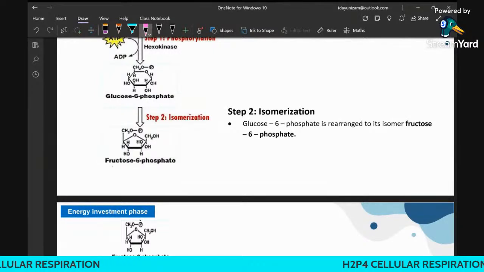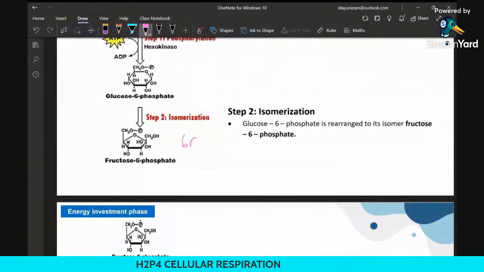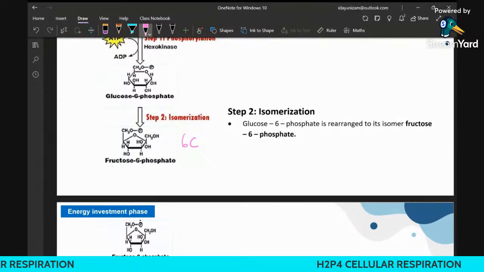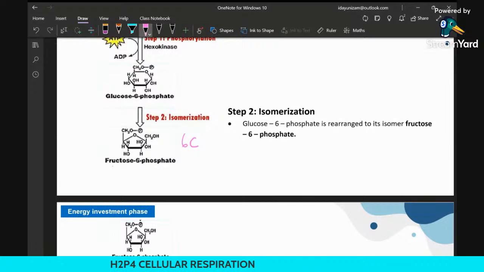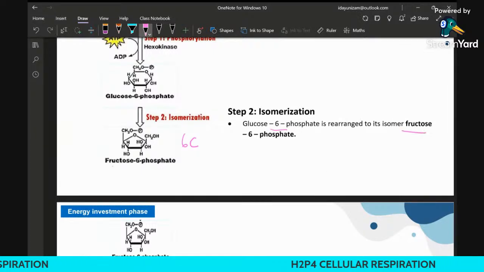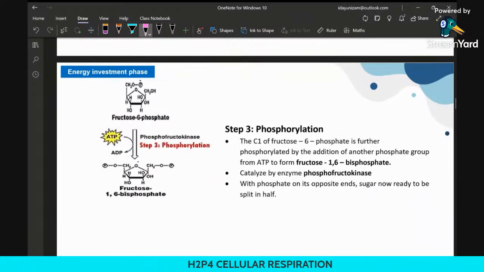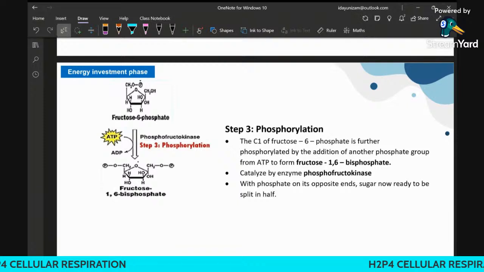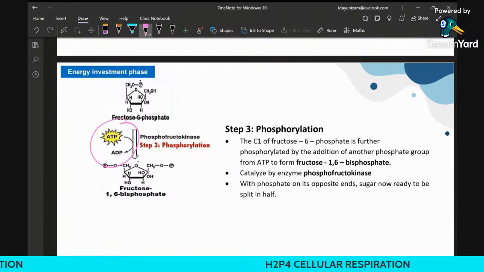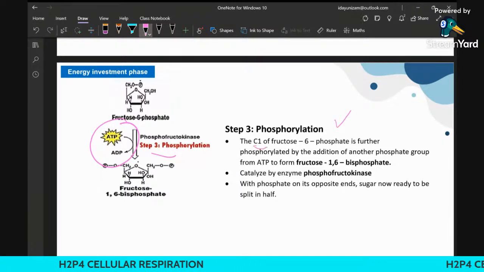So we need to isomerize the glucose 6-phosphate. It is still 6 carbon, class, and the phosphate is still attached to carbon 6, but the molecular structure is isomerized. Glucose 6-phosphate becomes fructose 6-phosphate. So before they can split, we energize once more and give one more phosphate. So this is where ATP is used again, in step 3, which is phosphorylation, where carbon 1 gets another phosphate.